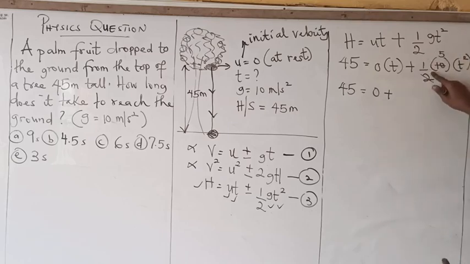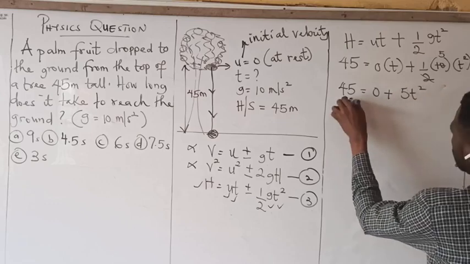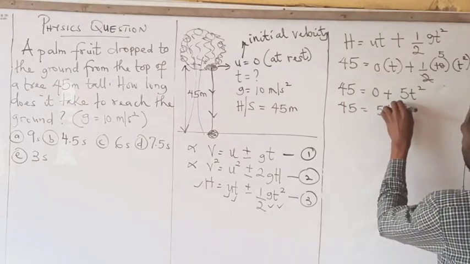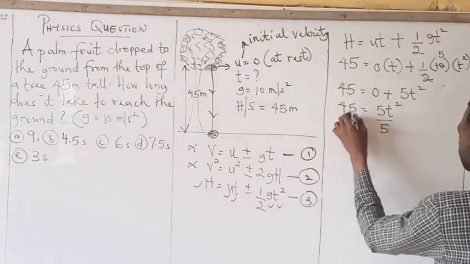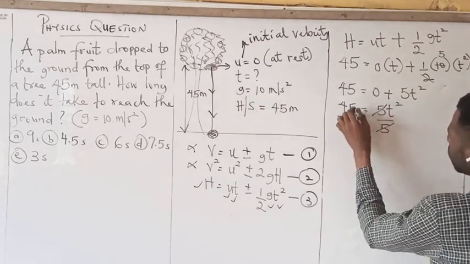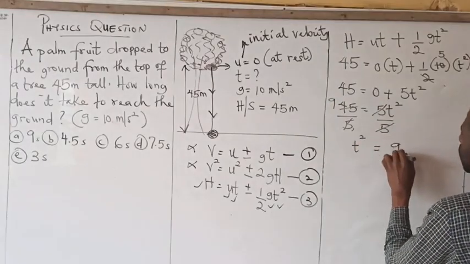That's possible because we have multiplication here. So we have 5t squared. So we have 45 equals 0 plus 5t squared, which is 5t squared. So divide both sides by 5. Then 45 divided by 5 gives 9. So t squared is equal to 9.